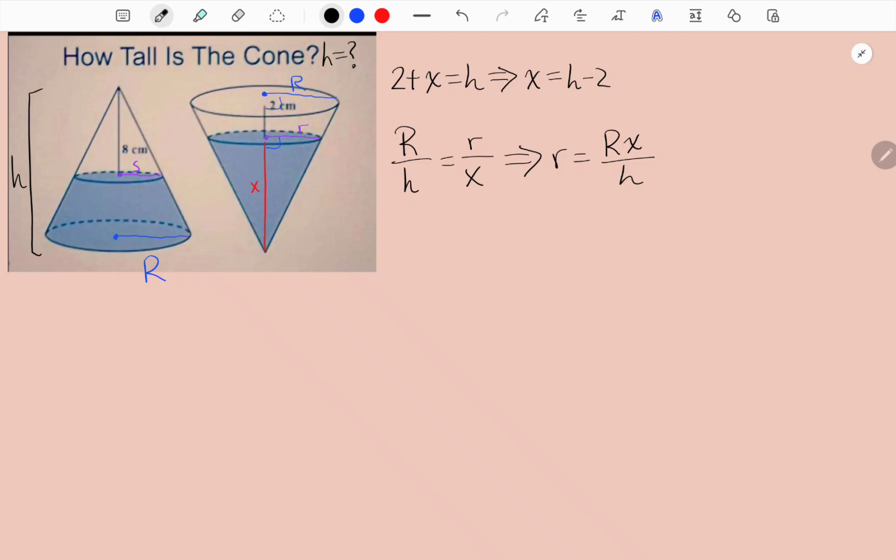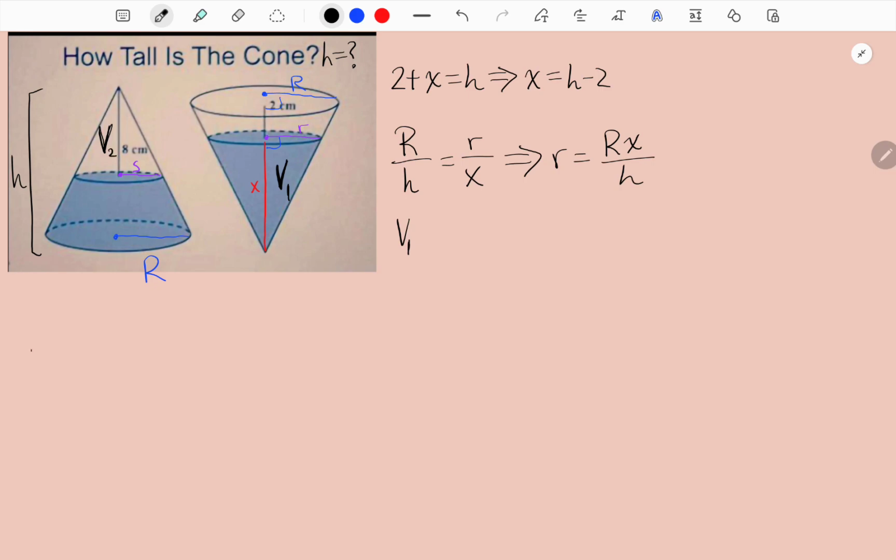Then I'll call the blue part capital V for the volume, volume 1. And I'm going to call this air portion, the non-blue portion, volume 2.